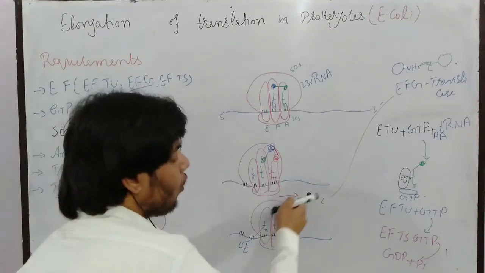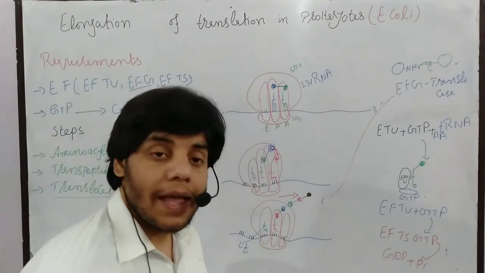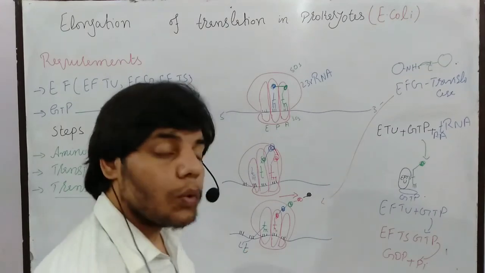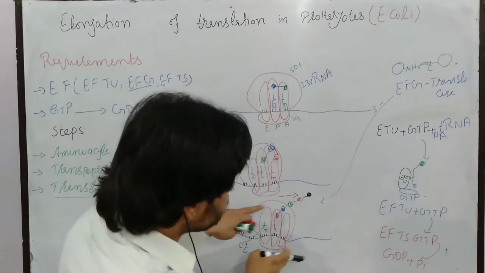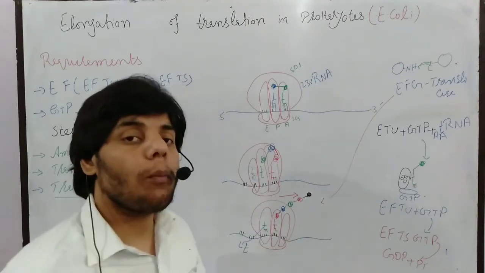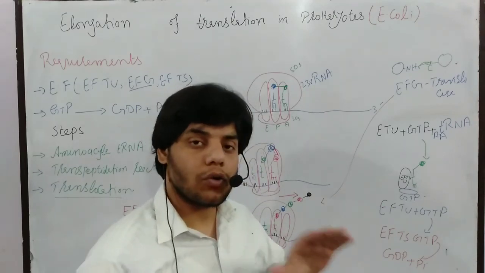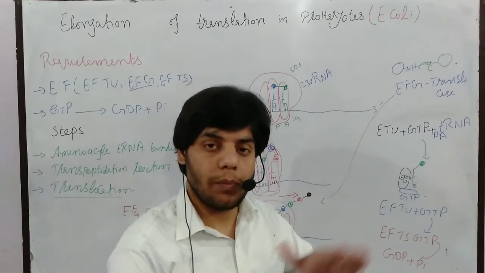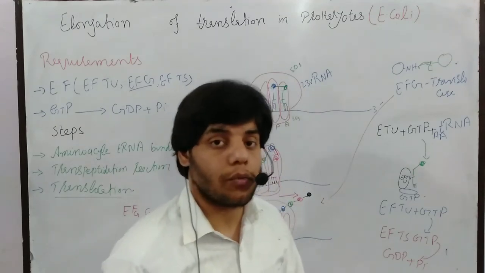Now when we get a long chain of amino acids, the ribosome will move to a specific codon which we call the stop codon. At the stop codon, the ribosome will be stopped and no more peptide chain will be synthesized. At that point, translation will be stopped and the ribosomal subunits will be separated from each other. But we will talk about it in detail in termination of translation.